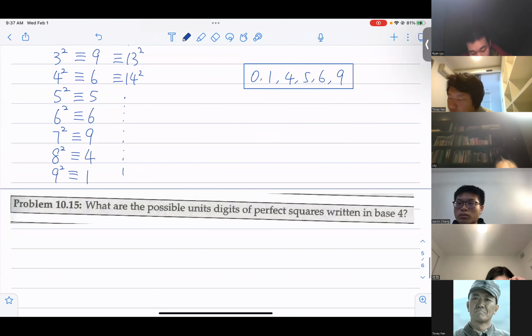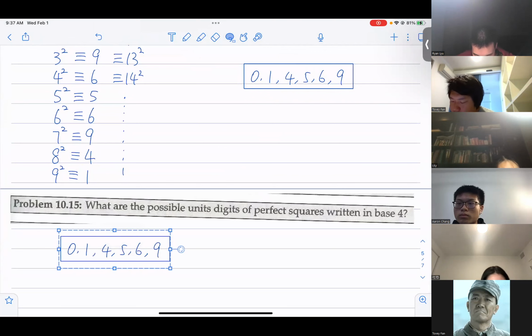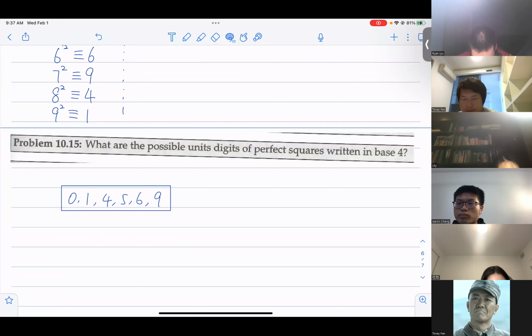Okay, so from the previous question, we've just found out all the possible unit digits of perfect squares, right? Which are these numbers. So what are these numbers when you rewrite them in base 4? And we're gonna find their unit digit, right?